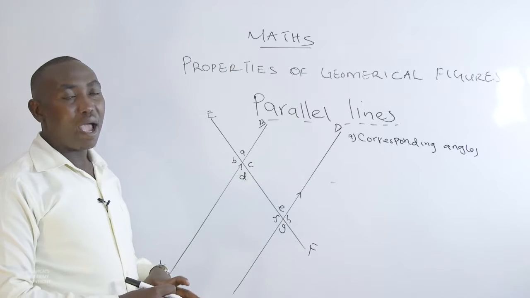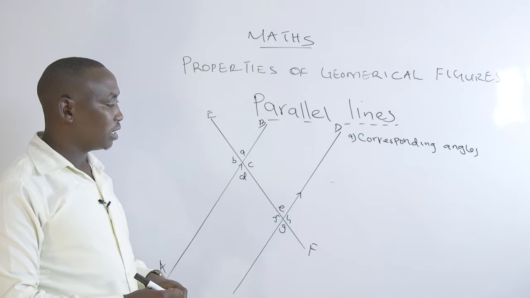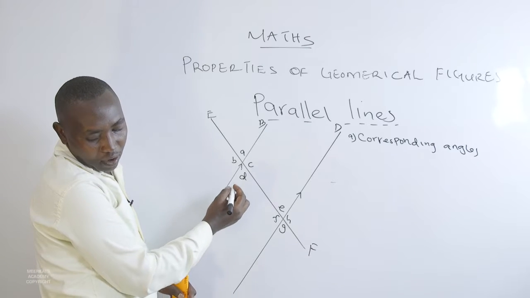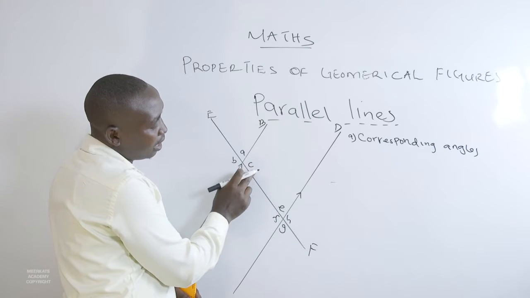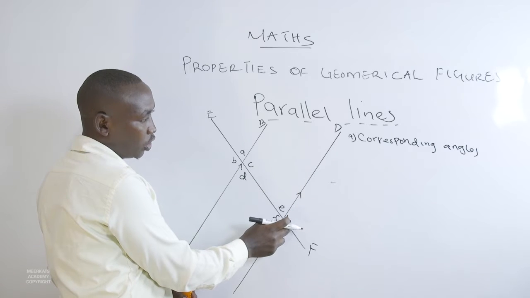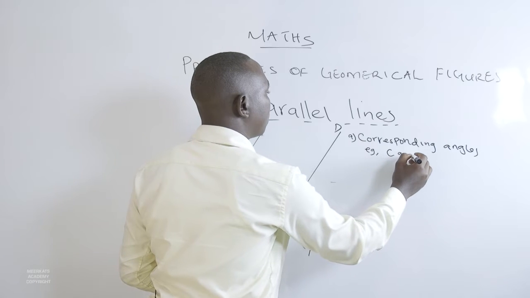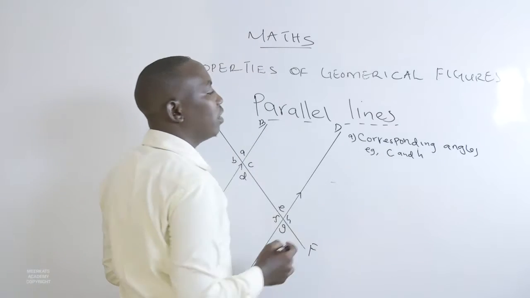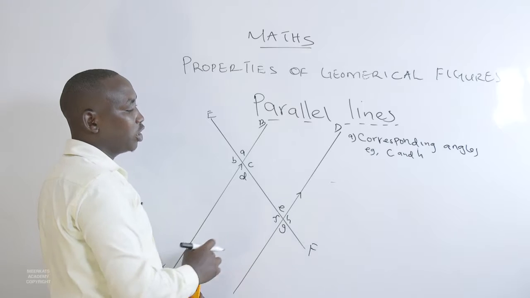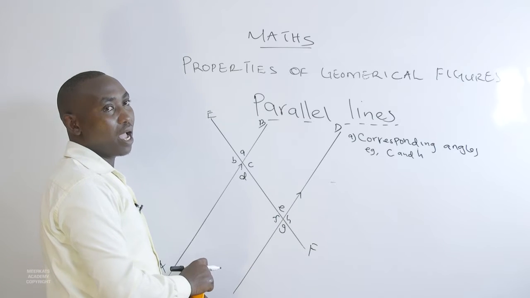A good pair of corresponding angles in this case is angle C and angle H. Angle C and angle H are a pair of corresponding angles.